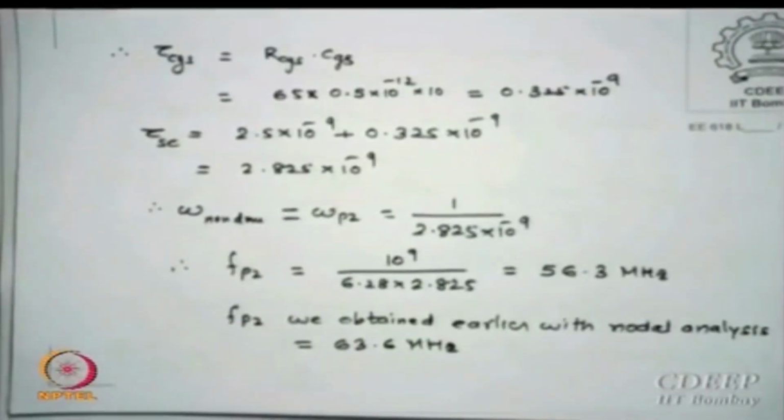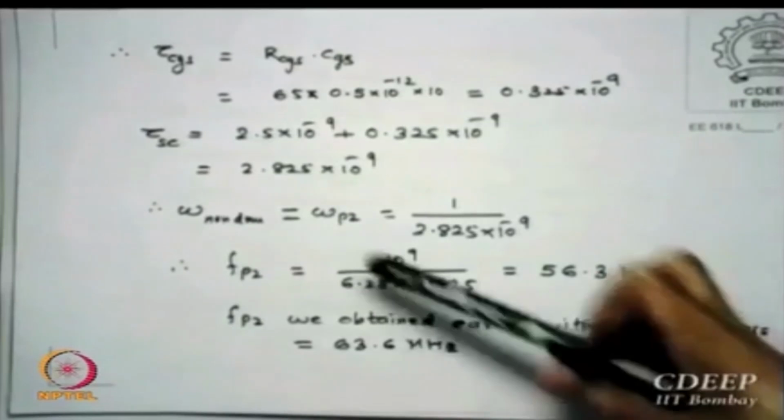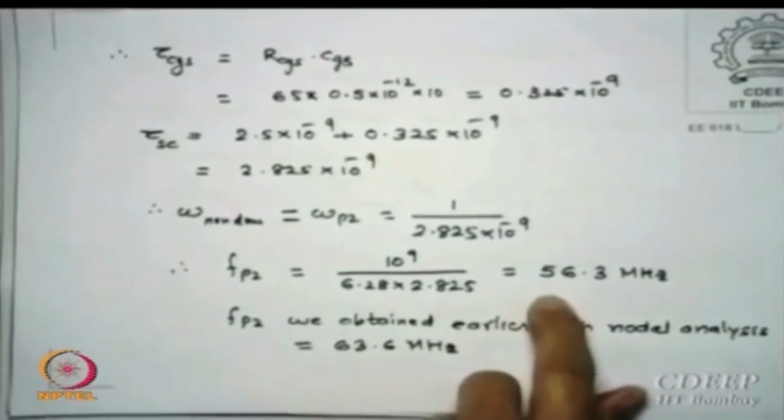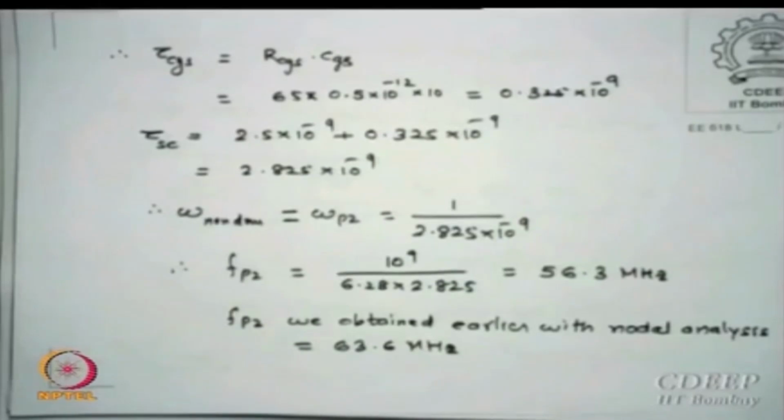So omega non-dominant, omega P2, is 1 upon this, which gives a value of 56.3 megahertz. How much was it by Miller? 63 point something. So by this technique we have slightly lowered this pole. But you can still see this is 63 or 60, and what is the dominant pole? 3 megahertz.